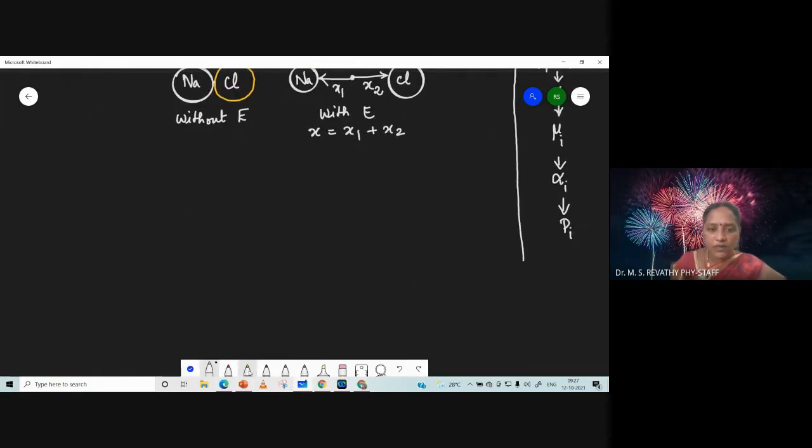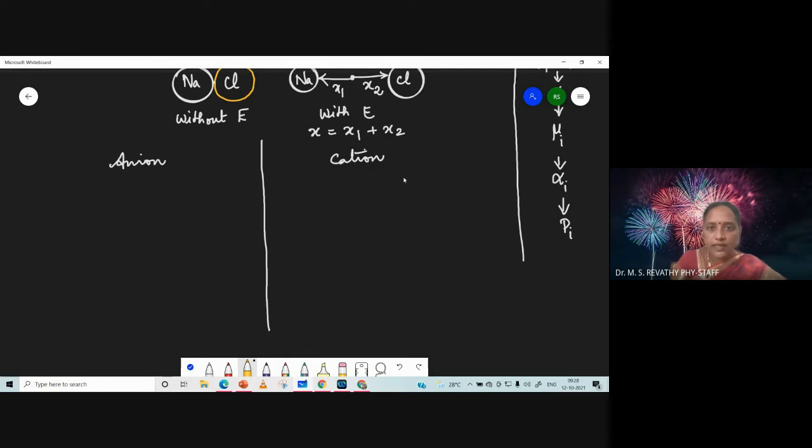So what is my first work? To calculate the x1 and x2. So let me put like this: anion and cation. I'm going to calculate parallelly for both. So for anion, which is anion? Cl is anion and cation is Na.